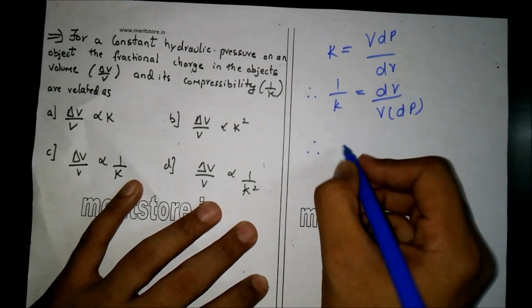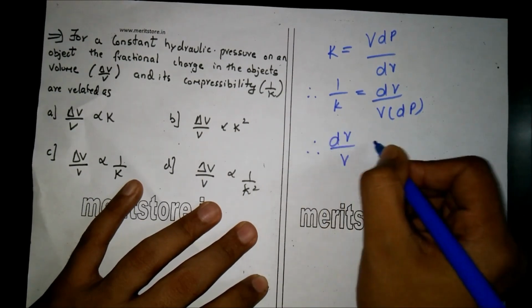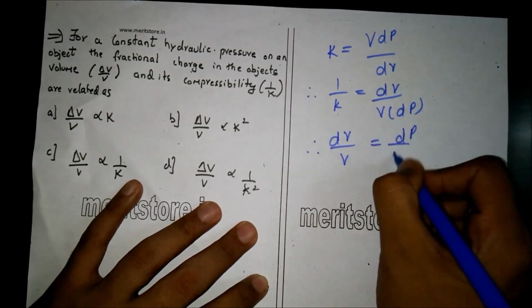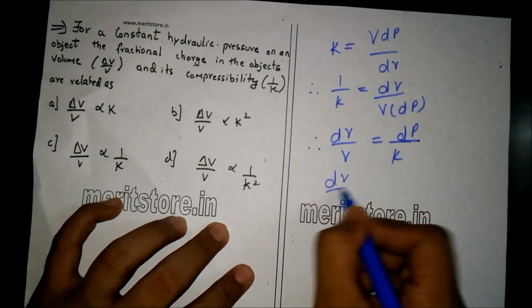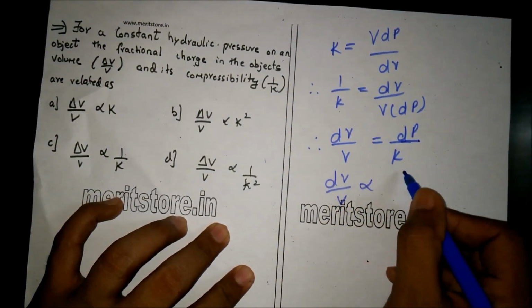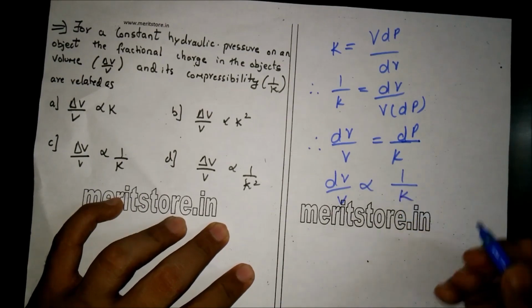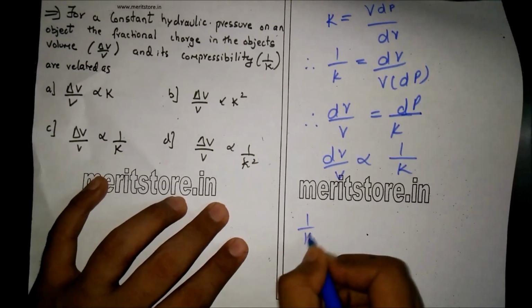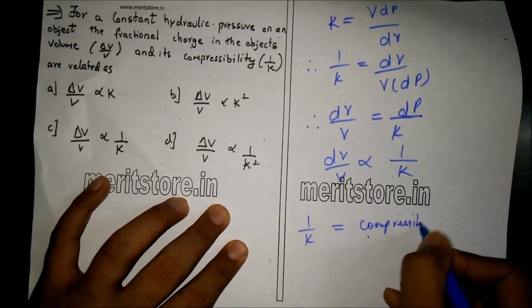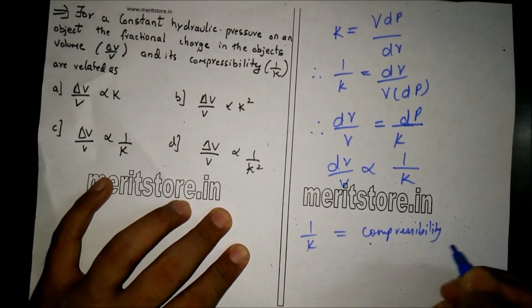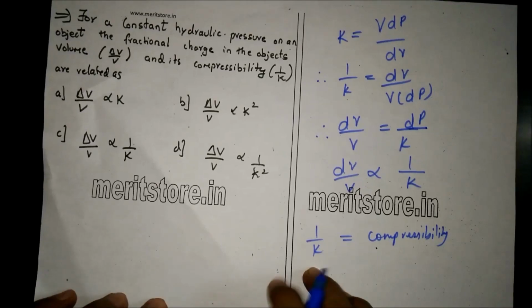Therefore, dV upon V will be equal to dP upon K. Now, if dP is kept constant, then dV upon V will be directly proportional to 1 upon K, where 1 upon K is the compressibility. Therefore, here the correct answer is option C.